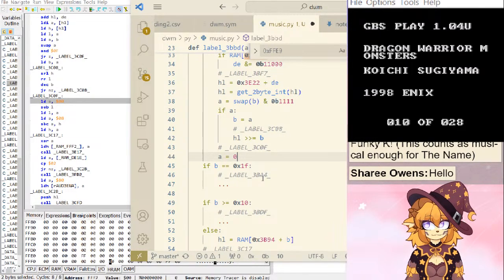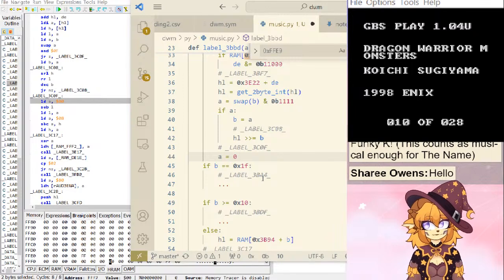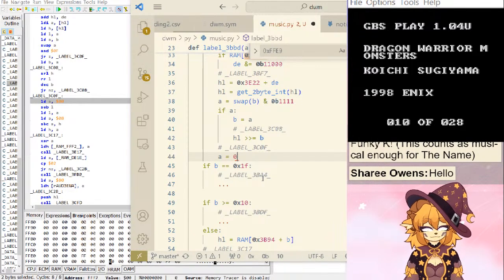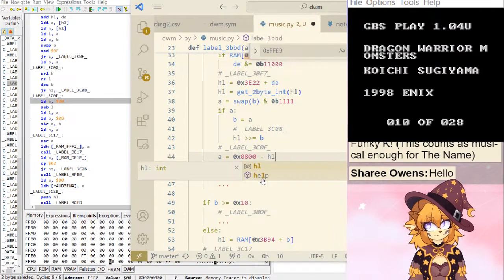Oh, what is HL at the moment? Oh, right, so the value from that table possibly shifted. Subtracting it do? Oh, okay. Minus HL.